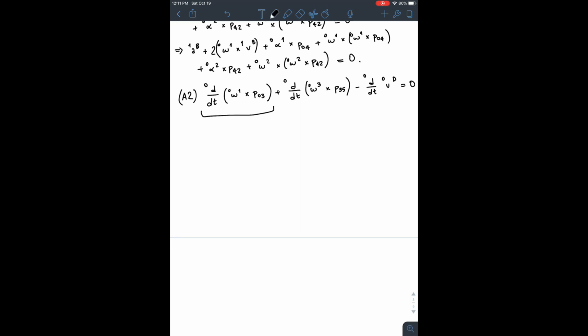Again, here Leibniz rule, here Leibniz rule, and this is already immediately recognized as the acceleration of point 2 in 0. Yeah, so let's go back. Okay, apply the Leibniz rule.